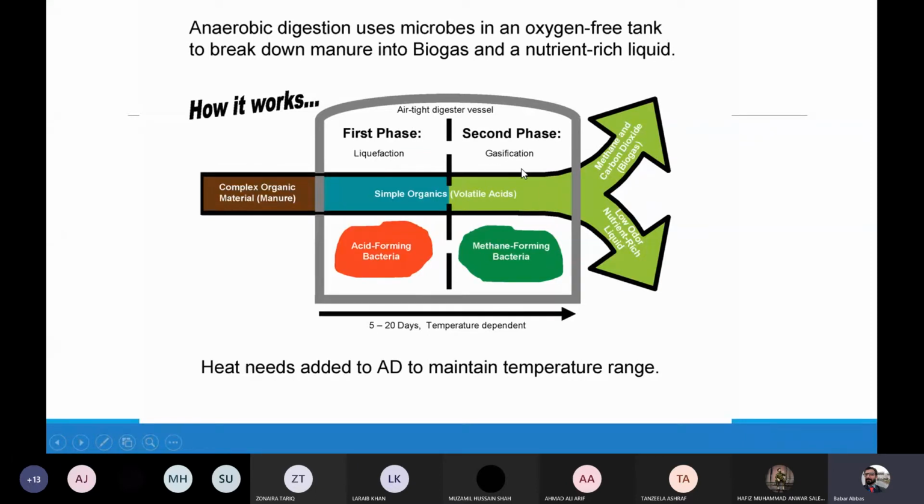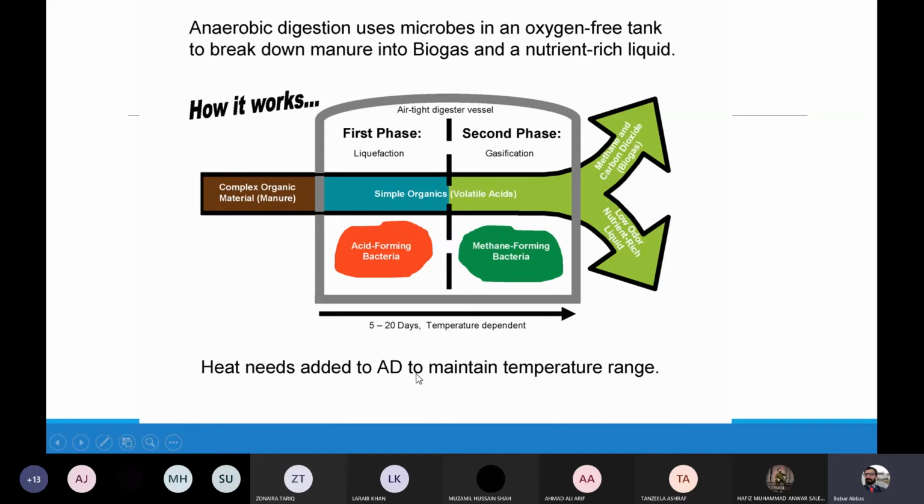The second stage is the gasification phase, and here the methane-forming bacteria take over from the acid-forming bacteria, and they convert these acids to methane and biogas, and later on you can collect the methane and carbon dioxide as biogas, and the other slurry as the fertilizer, a natural soil conditioner.